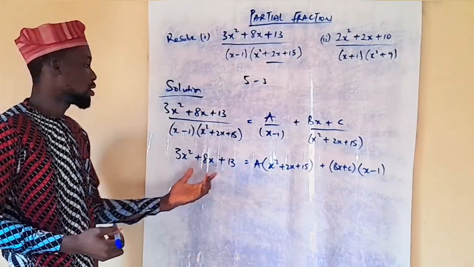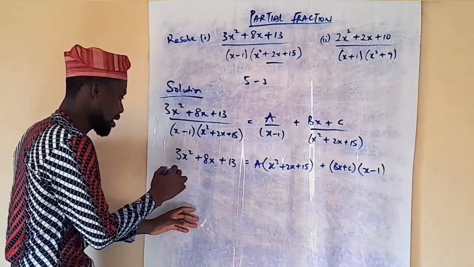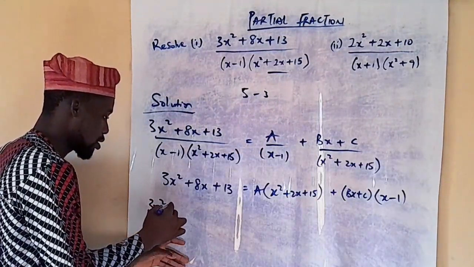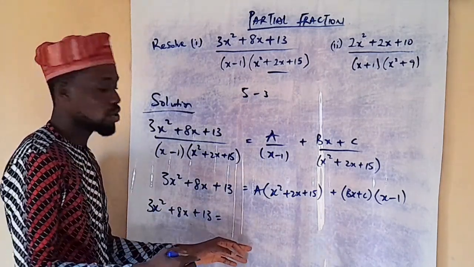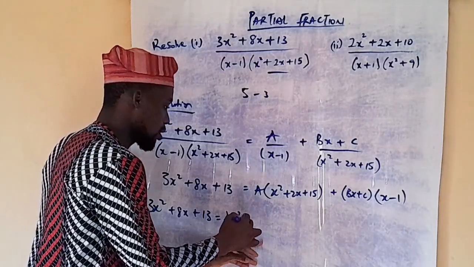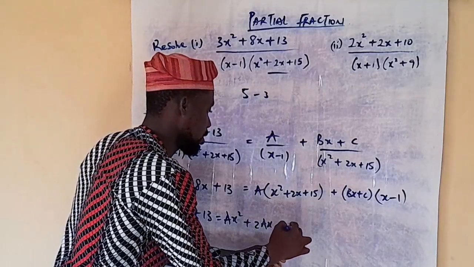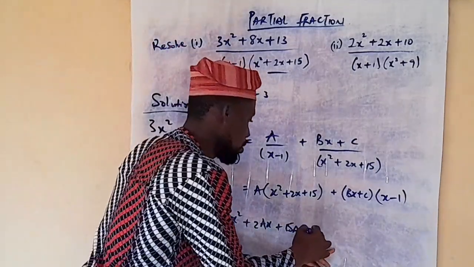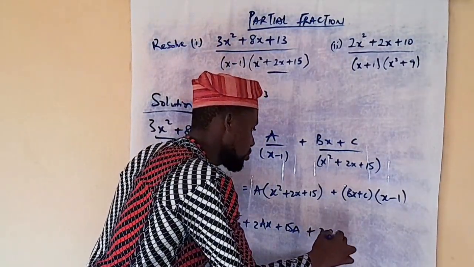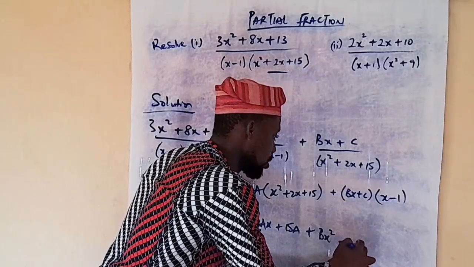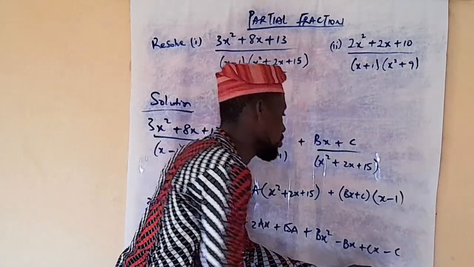The best to use here is not the cover-up method but the comparing coefficients method. So 3x squared plus 8x plus 13 all equals, expanding all through, Ax squared plus 2Ax plus 15A, plus, expanding this, Bx squared minus Bx plus Cx minus C. As simple as that.